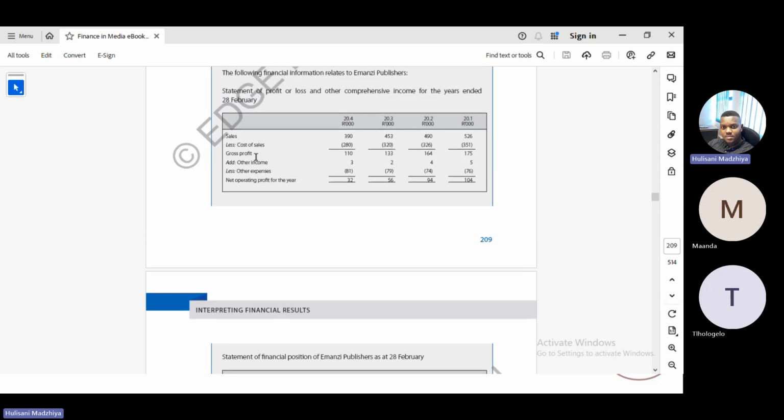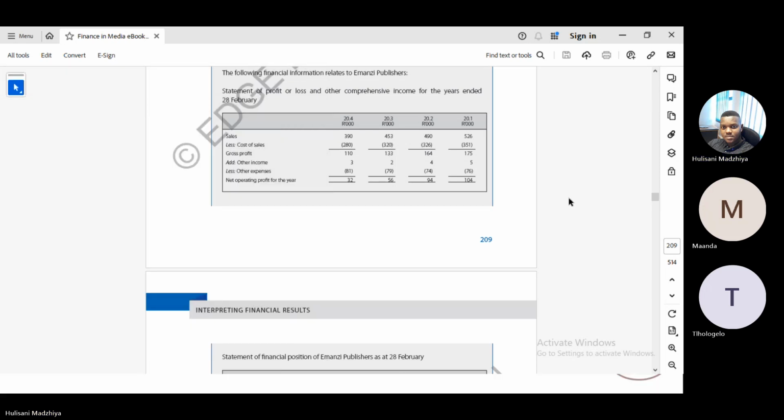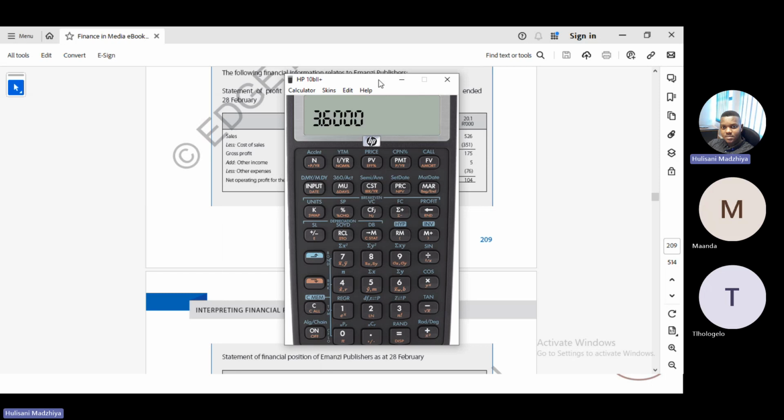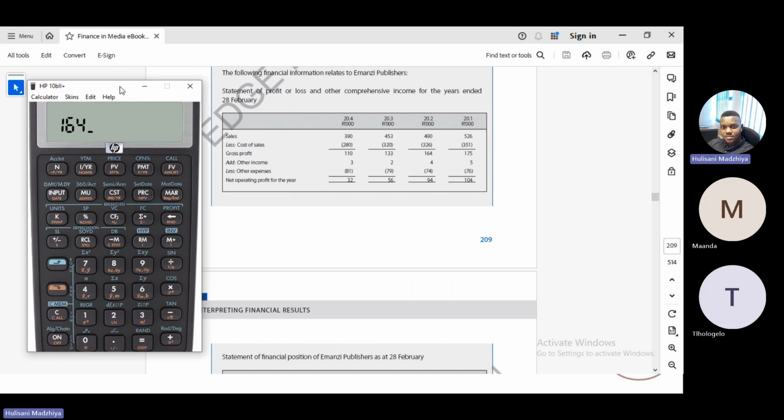The gross profit ratio for 2.2, or 2002, is going to be 164 divided by 490 multiplied by 100.